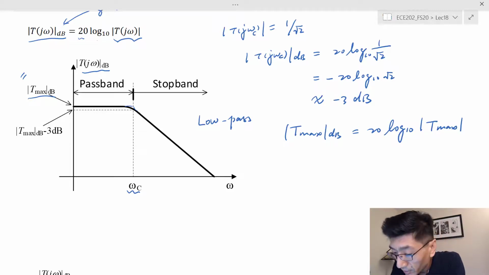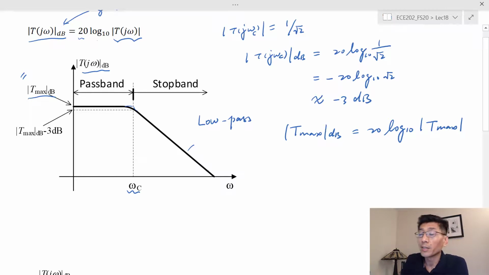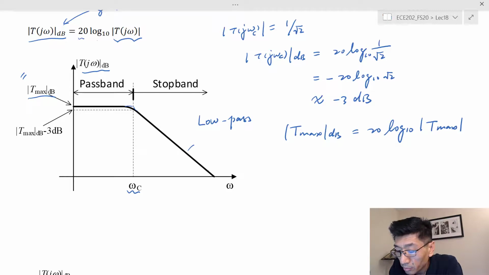That's the beauty of drawing this in terms of dB. This will typically be a straight line as the frequency goes higher for the low pass filter, and it may drop at negative 20 dB per 10 times the frequency, which we call per decade, and we're going to see that in the next lecture as we do the Bode plots.